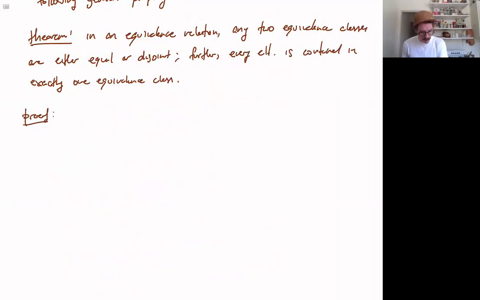All right, let me look at my notes. How do we prove this? So we want to take two equivalence classes and show that they are either equal or disjoint. The approach that we're going to take is: let A and B be elements of our set, and suppose their equivalence classes are not disjoint.